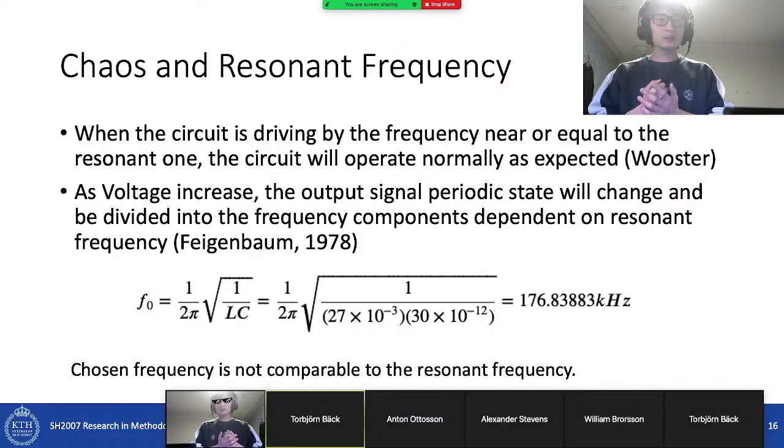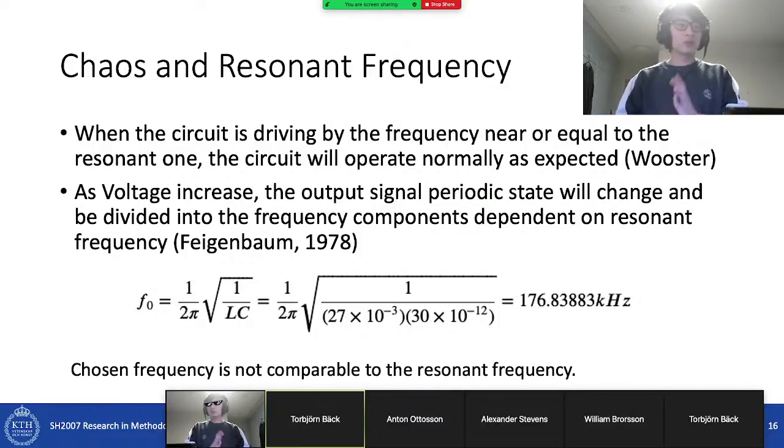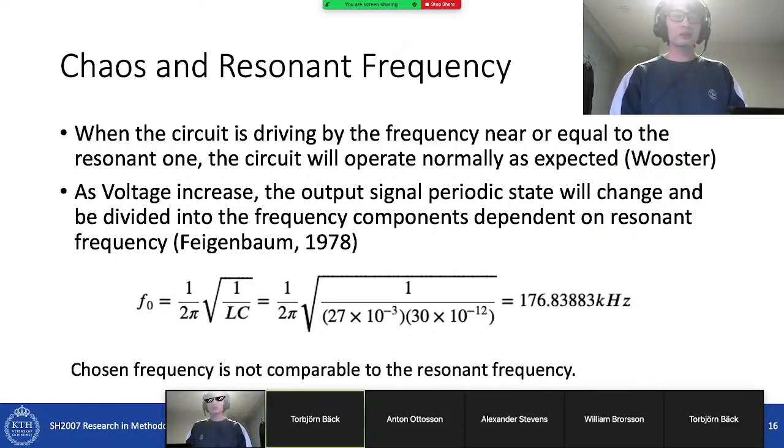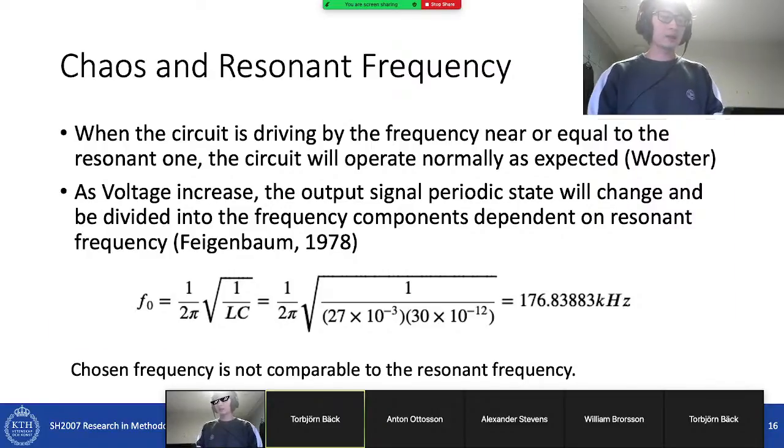The researchers should mention the resonant frequency because it matters. I found from the calculations that the frequency chosen by the researcher is not comparable to the resonant frequency. So I don't know how he got the result he wanted.